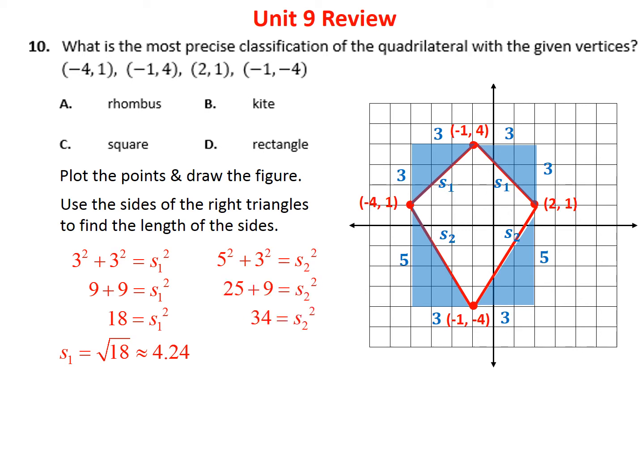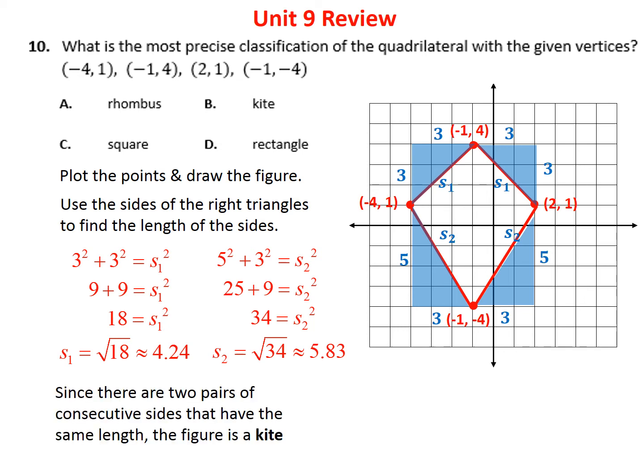So we have 25 plus 9, or 34, equals S2 squared. So S2 is the square root of 34, or about 5.3. But once again, the point is that the bottom sides are the same. So we have 2 pairs of consecutive sides. Therefore, we can conclude that the figure has to be a kite.